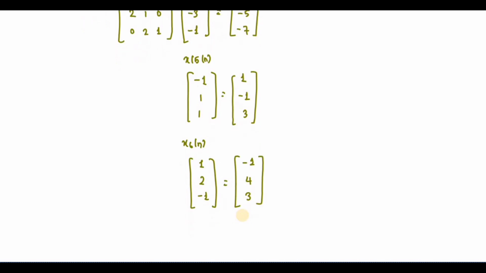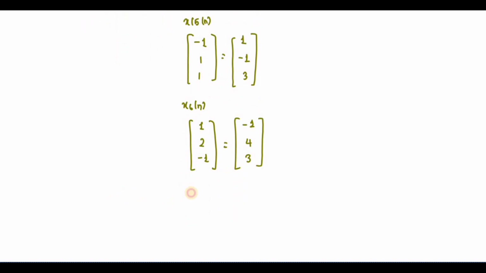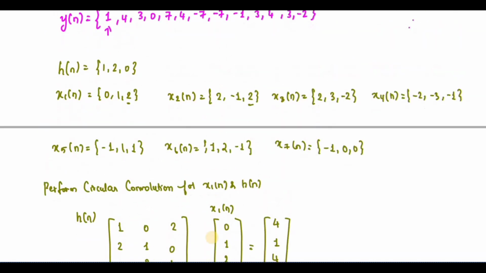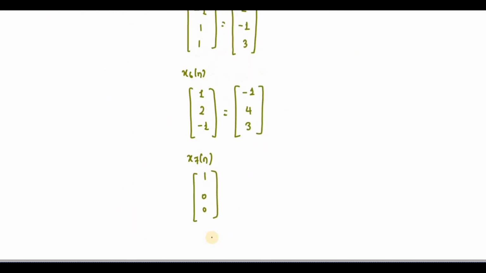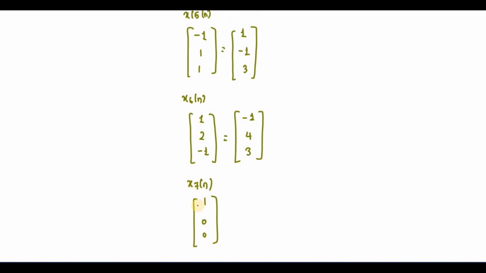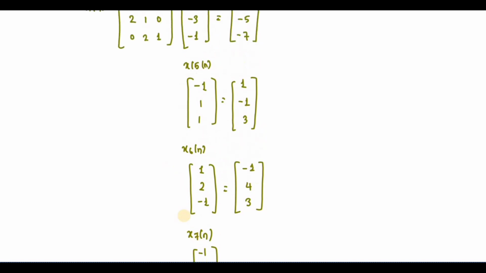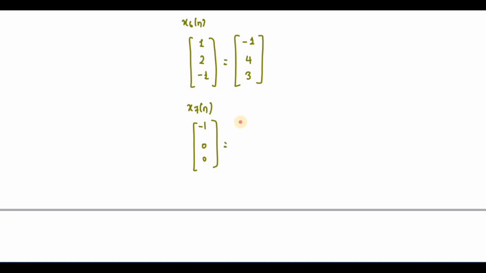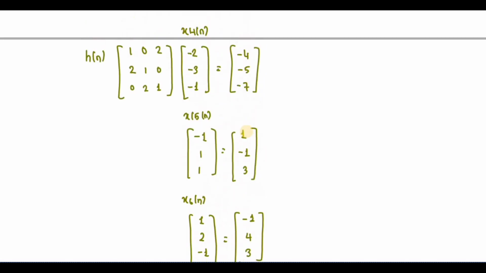Next, x7 of n. x7 of n is minus 1, 0, 0. So, you'll get minus 1, minus 2, and minus 0.